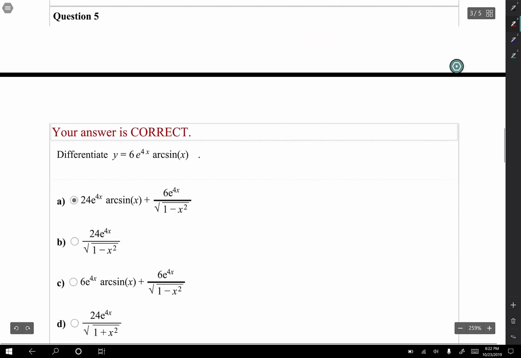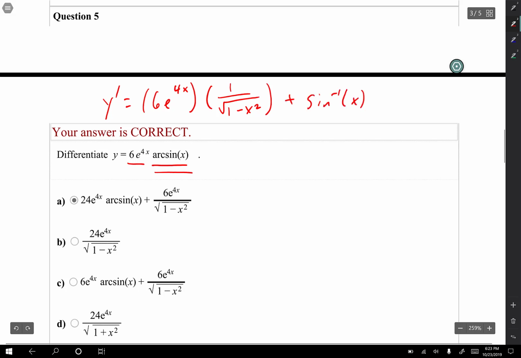So on this one here, I got to do product rule. So y prime equals first, 6e to the 4x, times the derivative of the second, 1 over the square root of 1 minus x squared, plus second, arcsine of x, times the derivative of the first. So 6e to the 4x, chain rule, times 4.